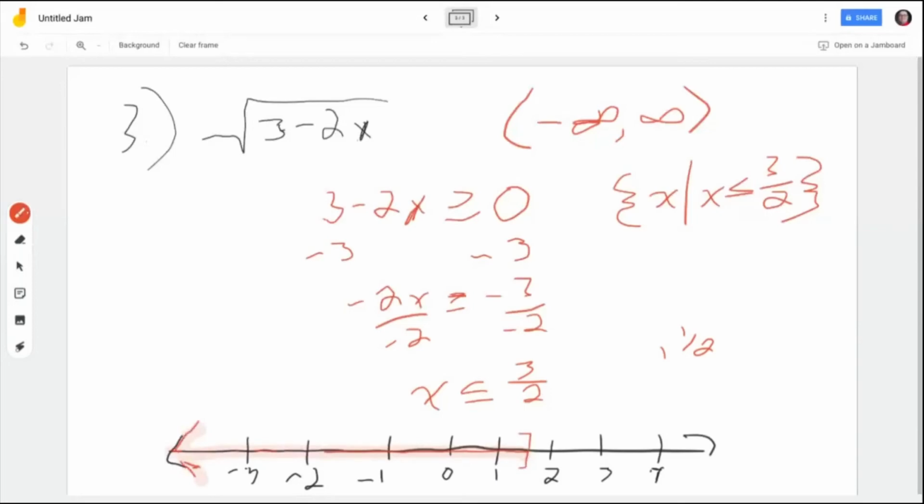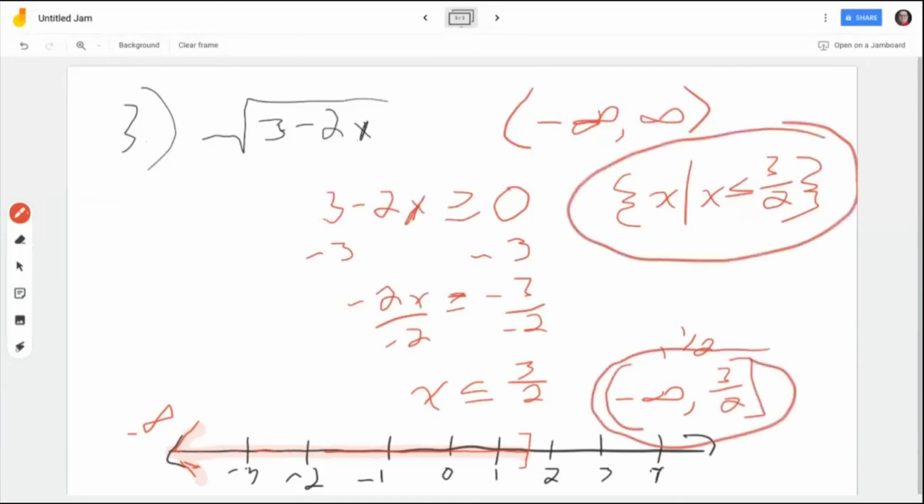And so if we write that in interval notation, this is going towards negative infinity, it'll be negative infinity, 3/2. And that would be our two ways of writing the answer there. Or if it allows you to write it as inequality, that one there. All right, and that's it for finding the domain of a variable.